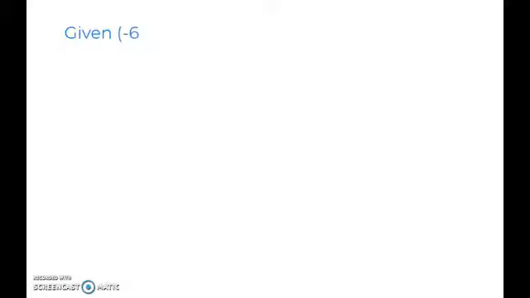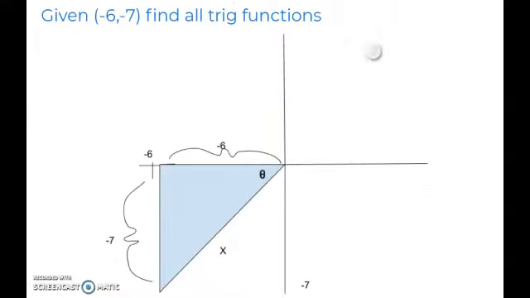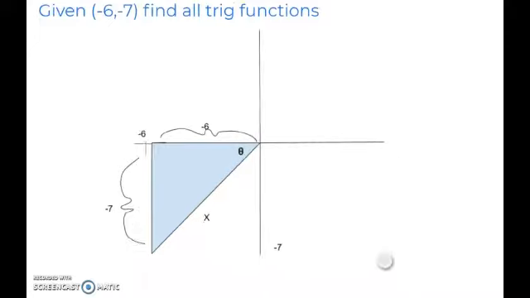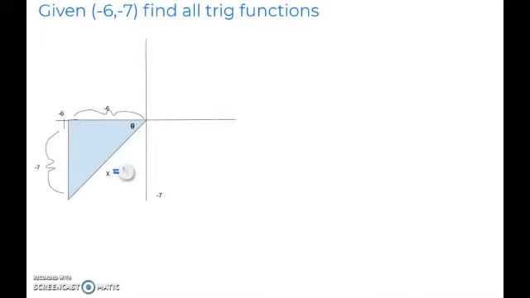So given the point negative 6, negative 7, find all of the trig functions. So this is the diagram that you've already seen by now that I made. We figured out that x equals the square root of 85, and using this information we can figure out the different trig functions.